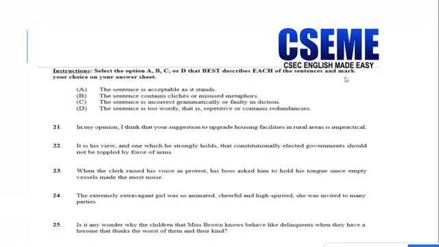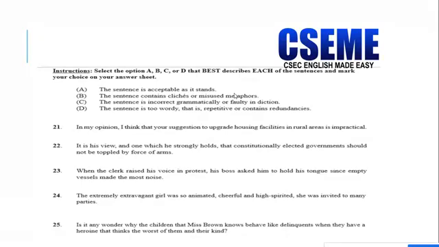Don't know what you guys call it, but you're reading each sentence to identify the different types of errors that may exist, because some sentences are okay as they stand. I want you to also note that there are changes in the options A, B, C, or D, compared to what you might be using now to practice. So you have to bear that in mind when you go in the exam.